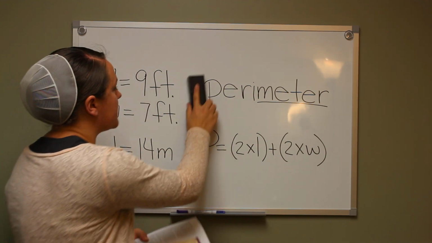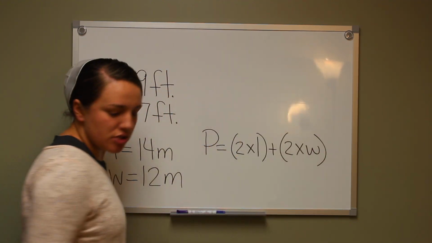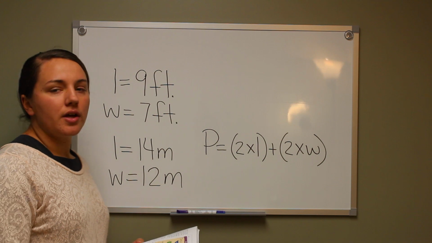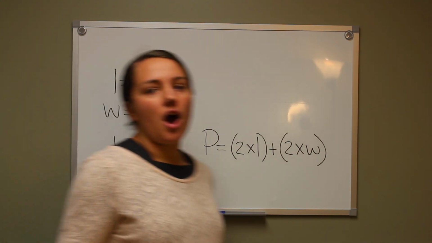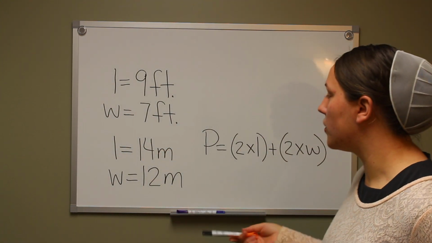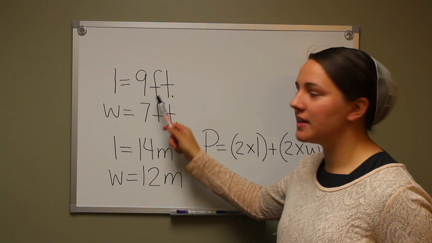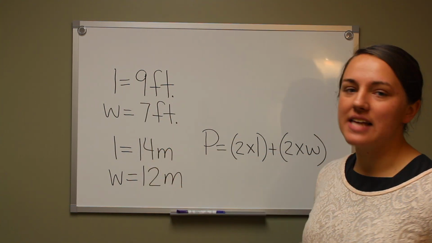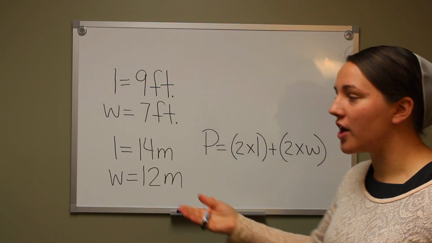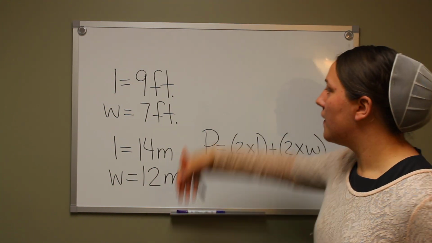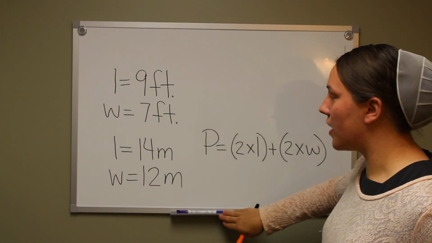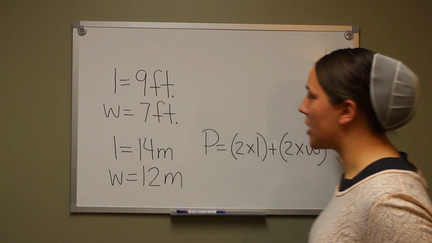Let's work one of these problems together. I have 2 examples on the board. So let's say that our first rectangle, the length is 9 feet and the width is 7 feet. So we know, since it's a rectangle, both lengths are 9 feet, both widths are 7 feet.